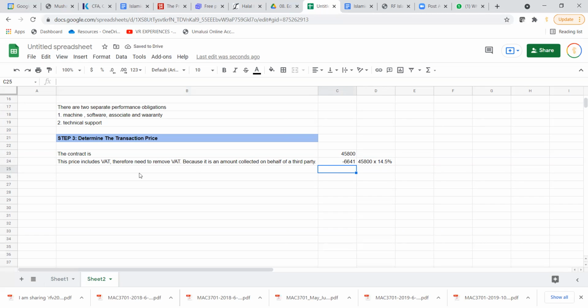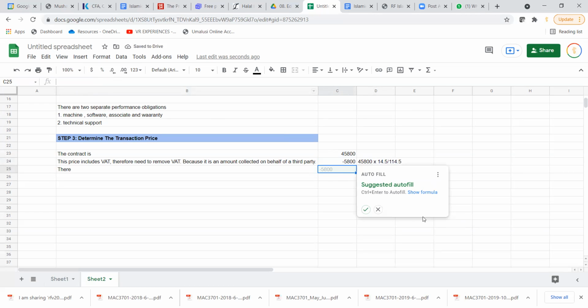So the net amount, therefore, no, sorry, not 14.5%, divided by 114.5. Okay, because that 45,800 is inclusive of VAT. So I must say divide by 114.5.